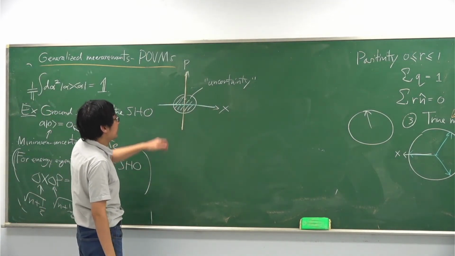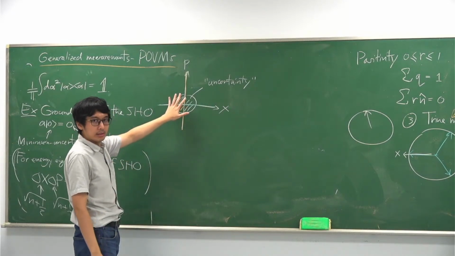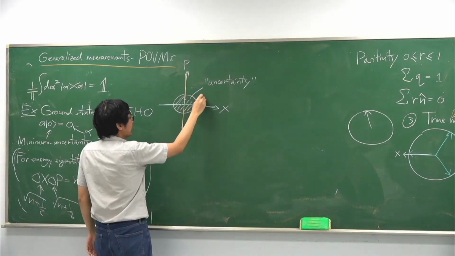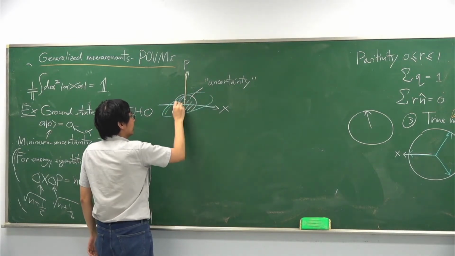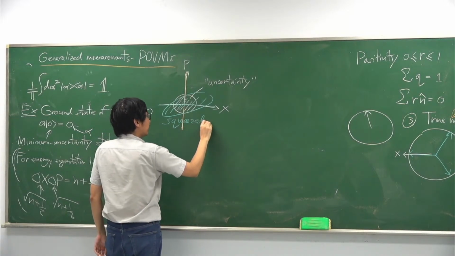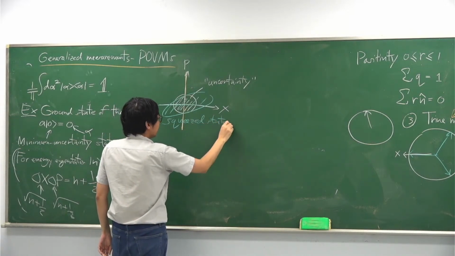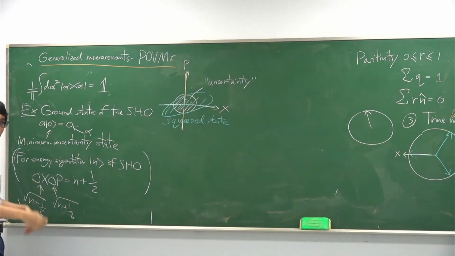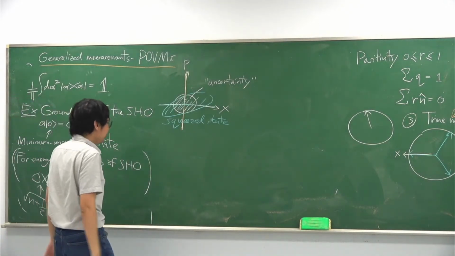And in between coherent states and eigenstates of x and p, you also have the so-called squeezed state. I'm just drawing it here to say that there's a middle ground between the two.